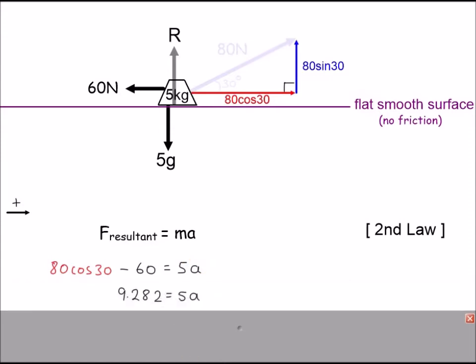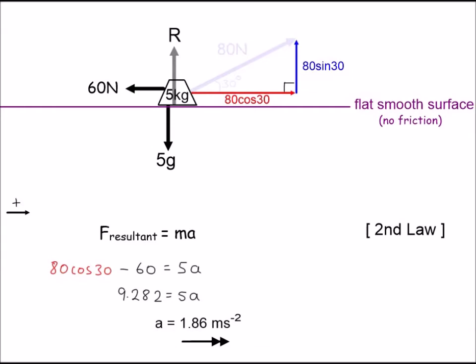So solving, the resultant force is 9.282 newtons. It's a positive value, so it's in this direction, so our acceleration will also be in this direction. So a is equal to 1.86 meters per second squared, and this double arrowhead shows the direction of acceleration, because acceleration is a vector, it has magnitude and direction.